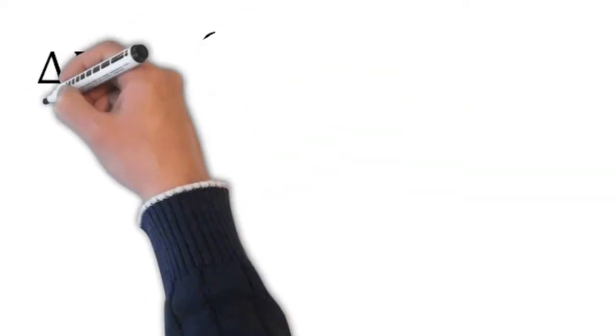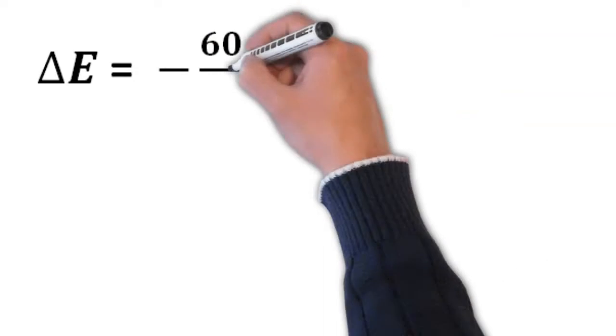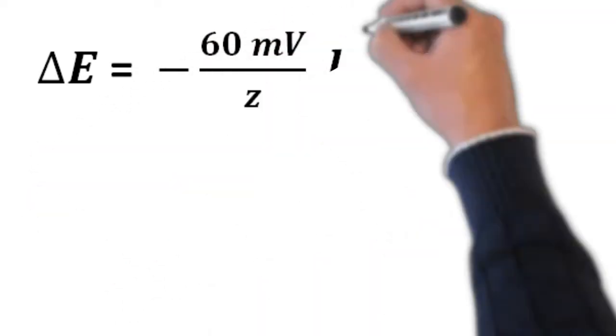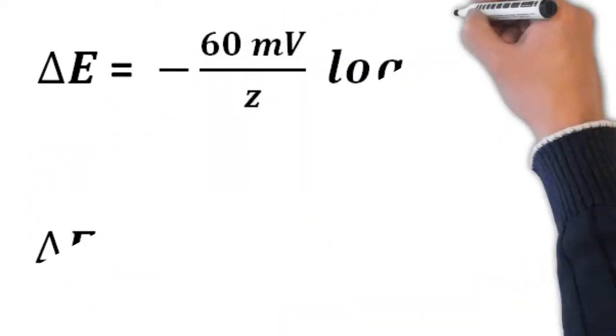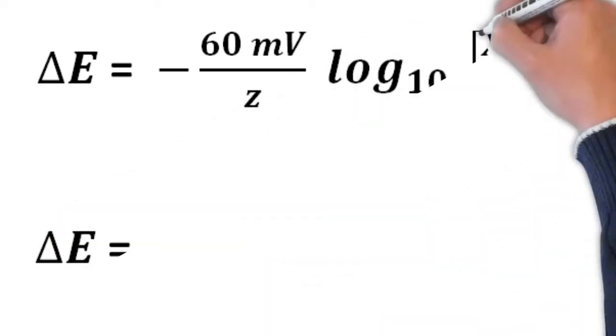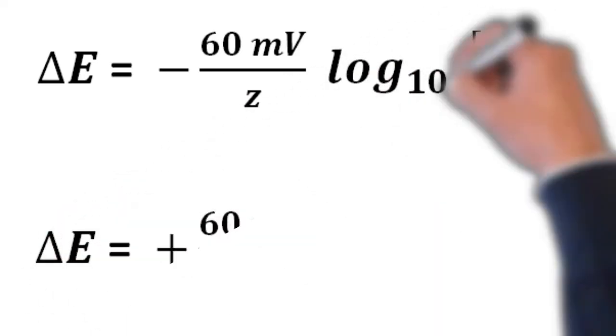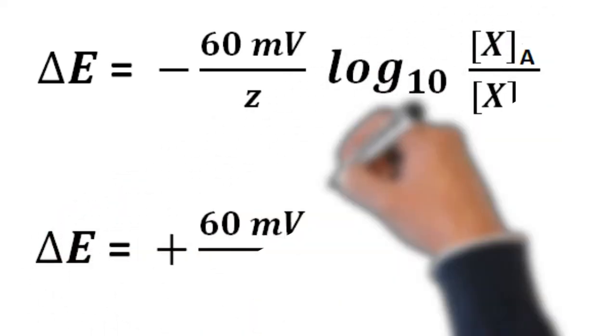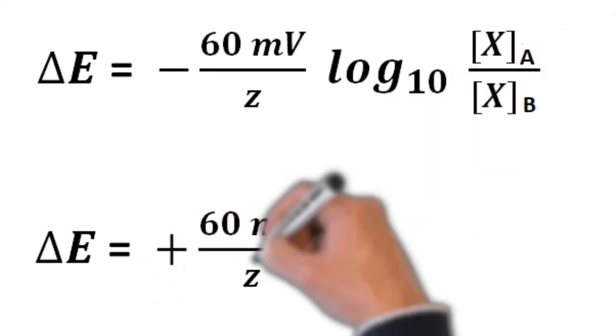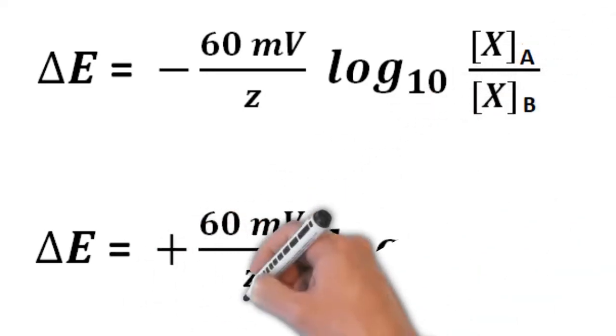However, it is to be noted that the Nernst equation provides the voltage that must exist on side A at equilibrium or to prevent diffusion. This is because the concentration of ion X on side A was taken in the numerator, whereas that on side B in the denominator.